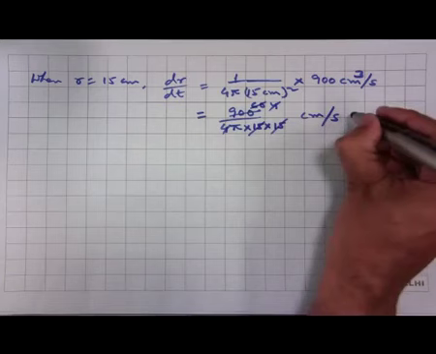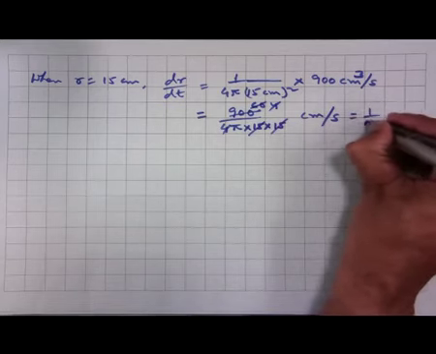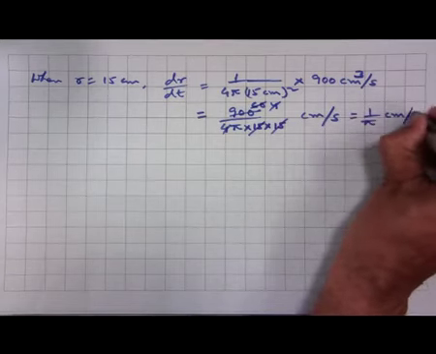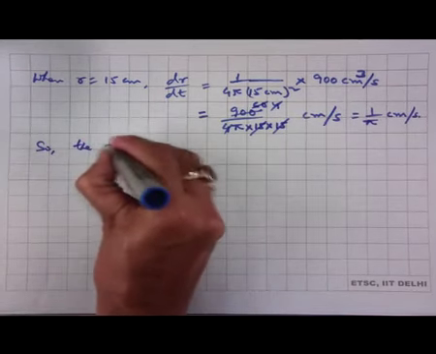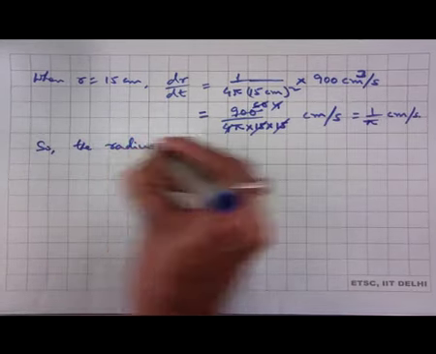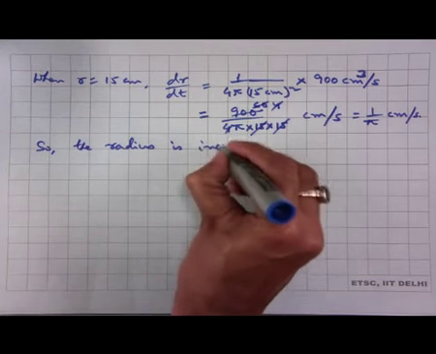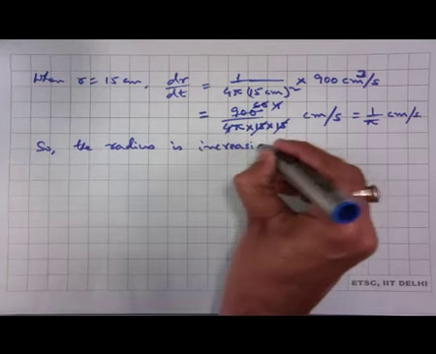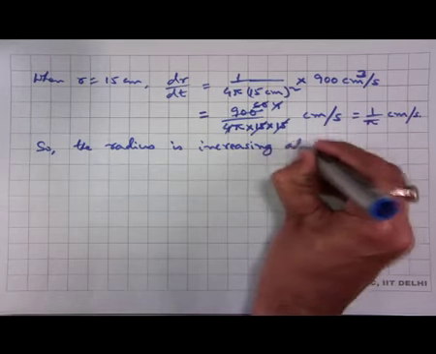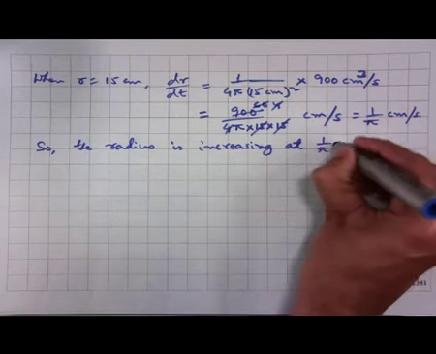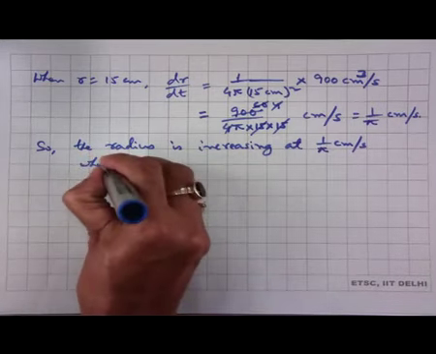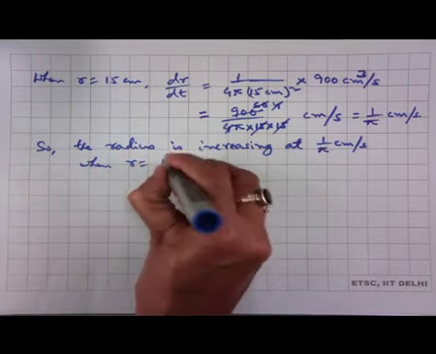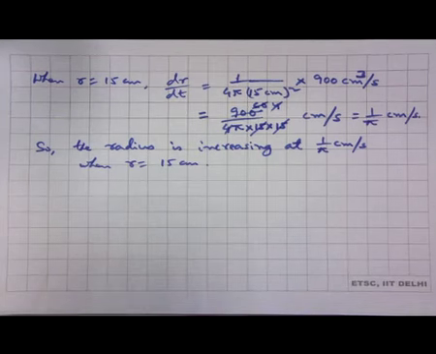So, this is equal to 1 by pi centimeter per second. So, the radius is increasing at 1 by pi centimeter per second when r is 15 centimeter. Let us look at another problem.